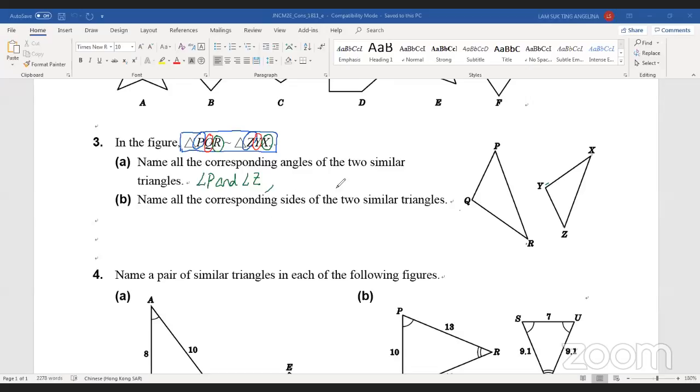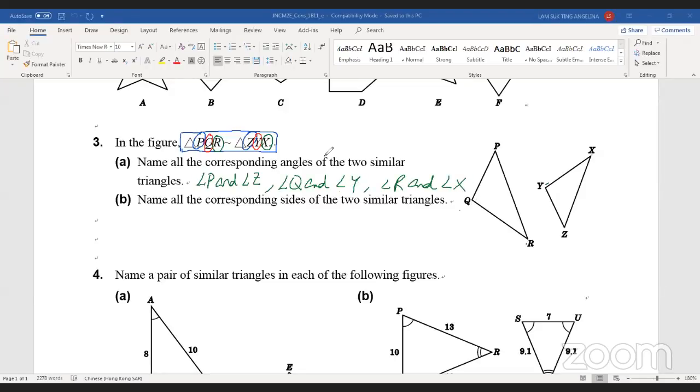Write clearly, use an equals sign to connect these two angles, then a comma, and write down the next pair, angle Q and angle Y, comma, angle R and angle X, like that.